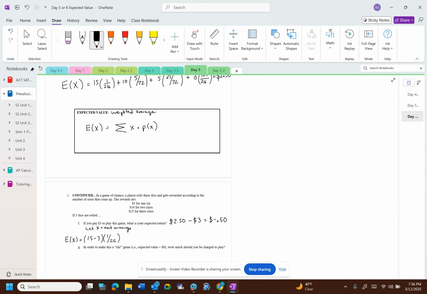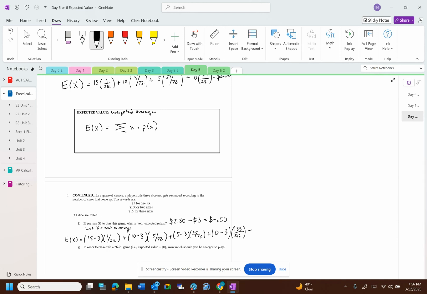We're taking out the $3 it cost to play, plus 10 minus 3, 5 out of 72, plus 5 minus 3, 25 out of 72. And here's the most important part: 0 minus 3. There's your losing hand, where you lose money on that hand, and you get 125 over 216.